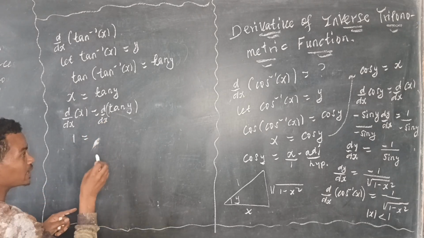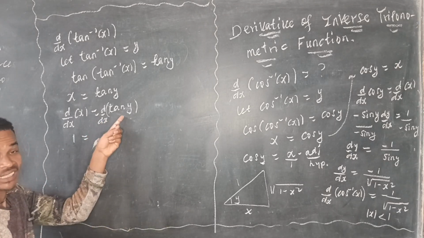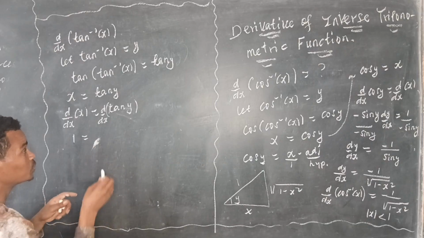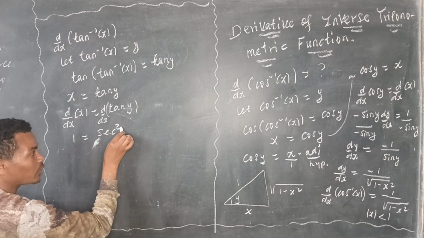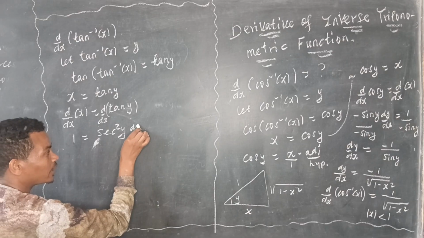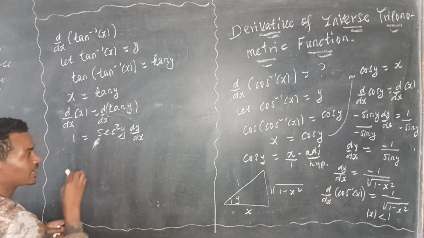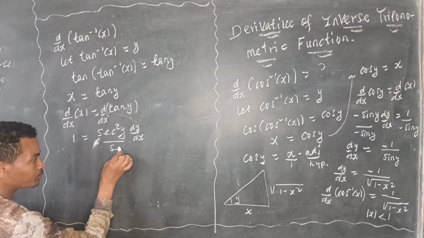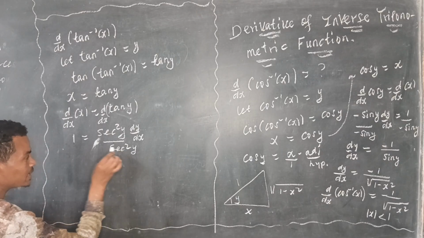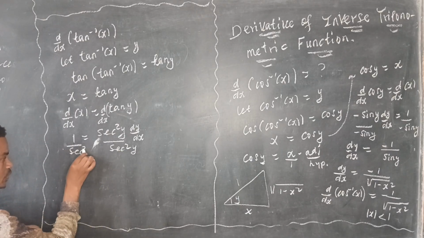The derivative of tan y, using the quotient rule, since tan y is sin y over cos y, is sec square y dy by dx. From this, divide both sides by sec square y.